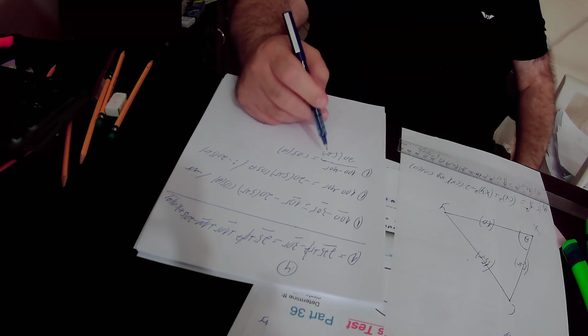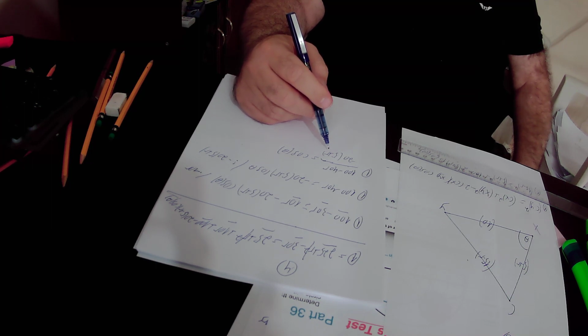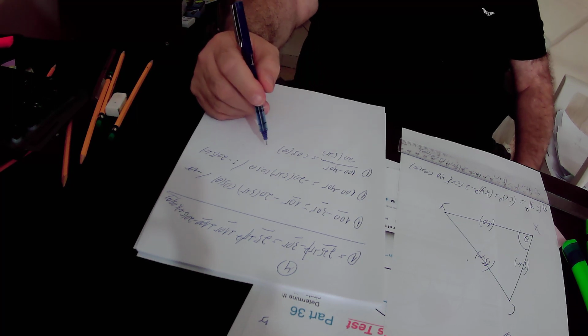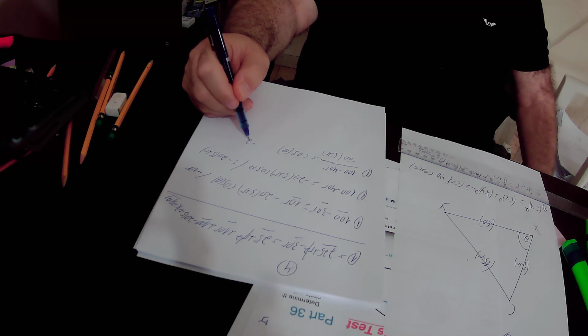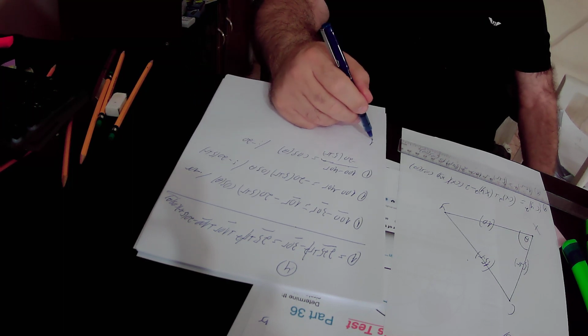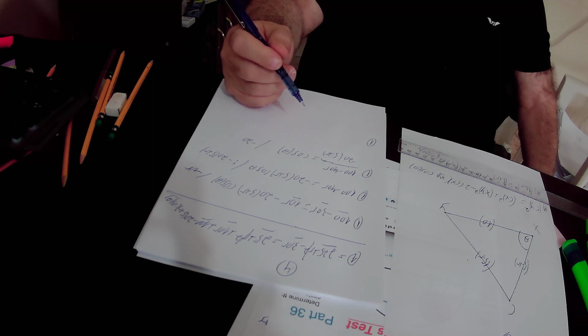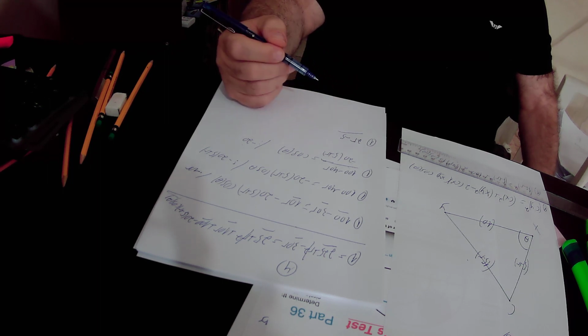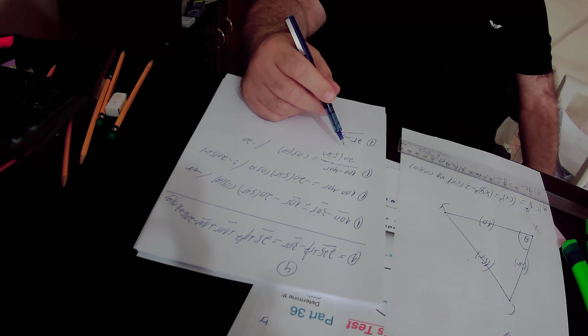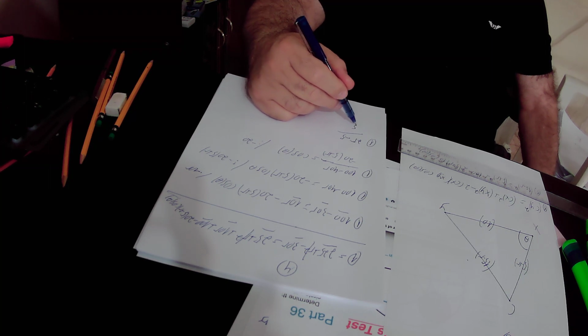Here we will divide both the numerator and the denominator on this side of equation number 1 by minus 20, and we'll get that minus 40r over minus 20 is 2r, 100 over minus 20 is minus 5, over minus 20 over minus 20 is 1, so it is 5 plus r.